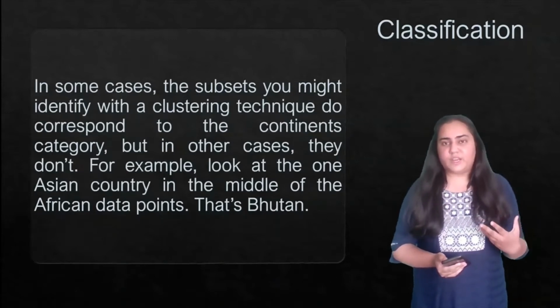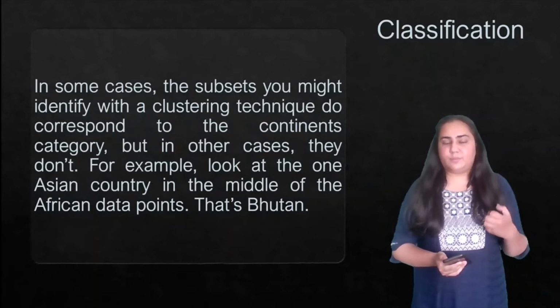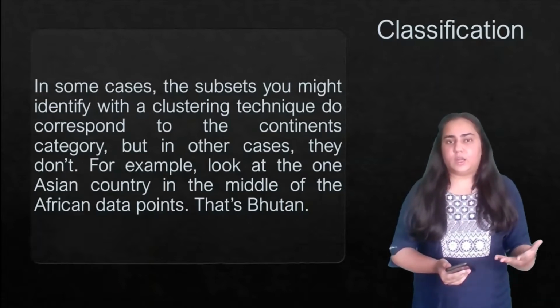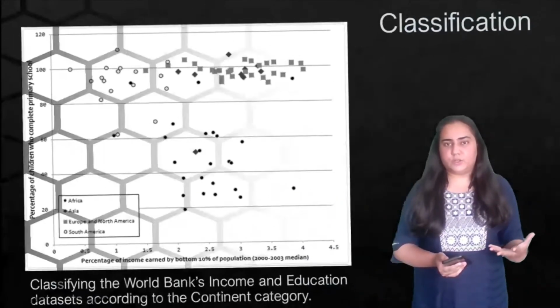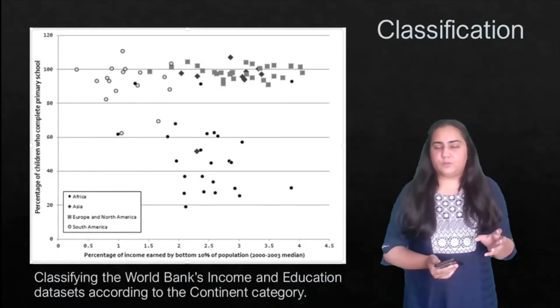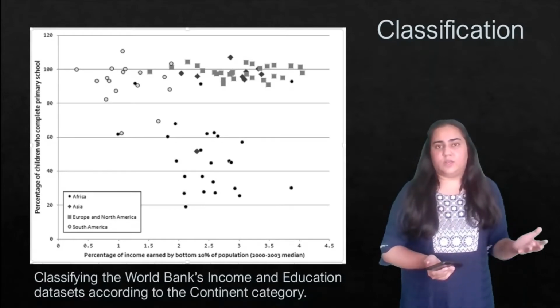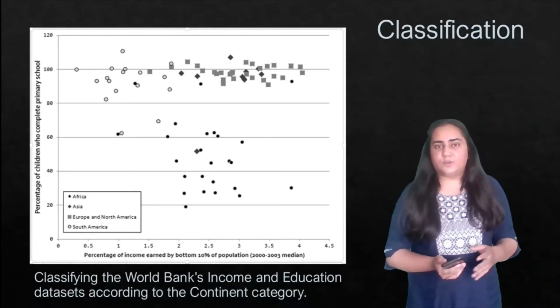You may want to divide everything according to continents, but when you are clustering, you are not able to, because based on your algorithm, some Asian country like Bhutan ends up somewhere in the middle of African data points. So this is the original data, and sometimes a country ends up in some other continent altogether, just because the clustering algorithm does not use any labels.